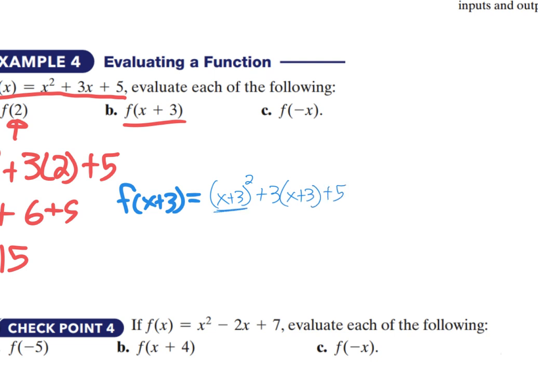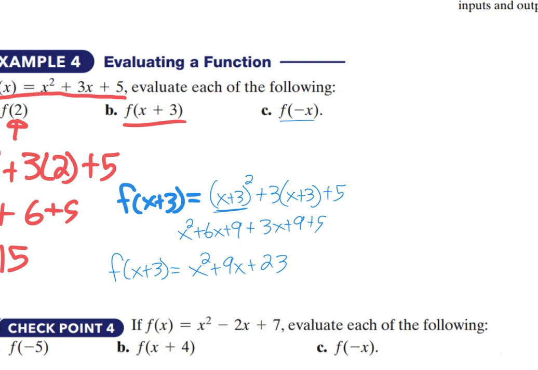So I need to FOIL this. x squared plus 6x plus 9 plus 3x plus 9 plus 5. And I'm going to simplify that by combining like terms. I get x squared plus 9x plus 23.